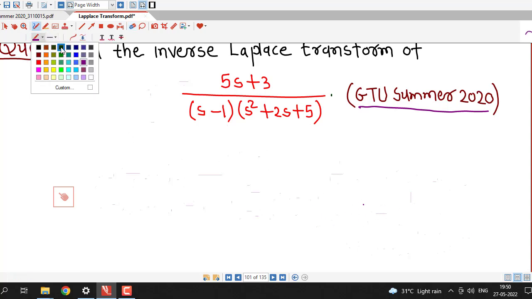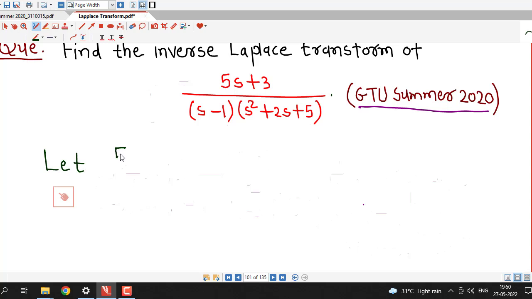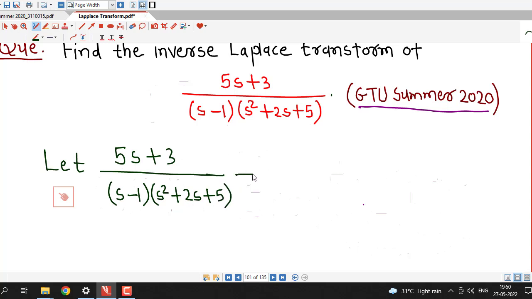Once we decide this, we can write this as a sum of two partial fractions: one partial fraction corresponding to the linear factor s minus 1 and another corresponding to s square plus 2s plus 5.